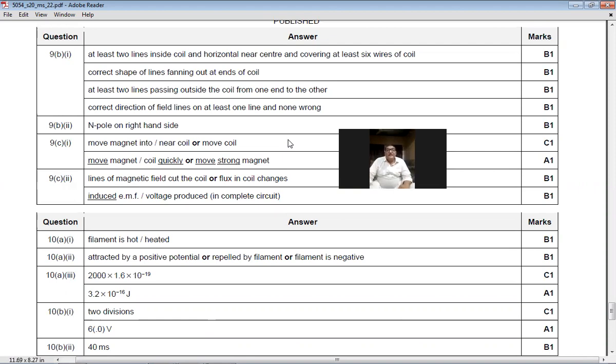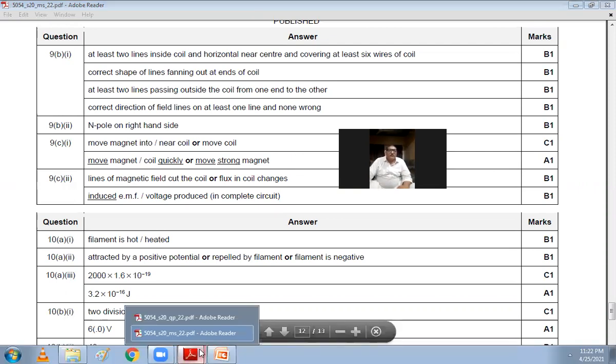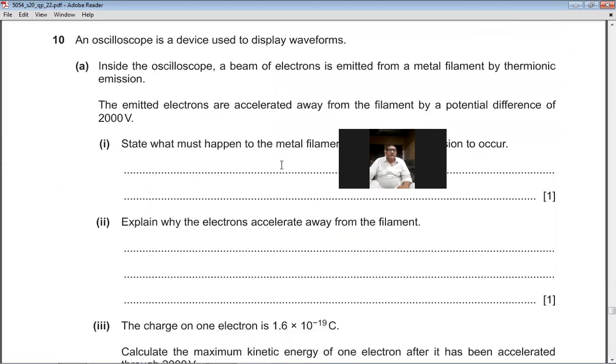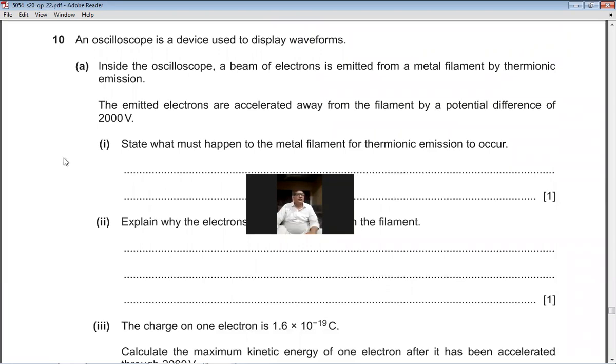And in this session, we are attempting its section B. So we are done with question number 9. Now let's move to question number 10. An oscilloscope is a device used to display waveforms.